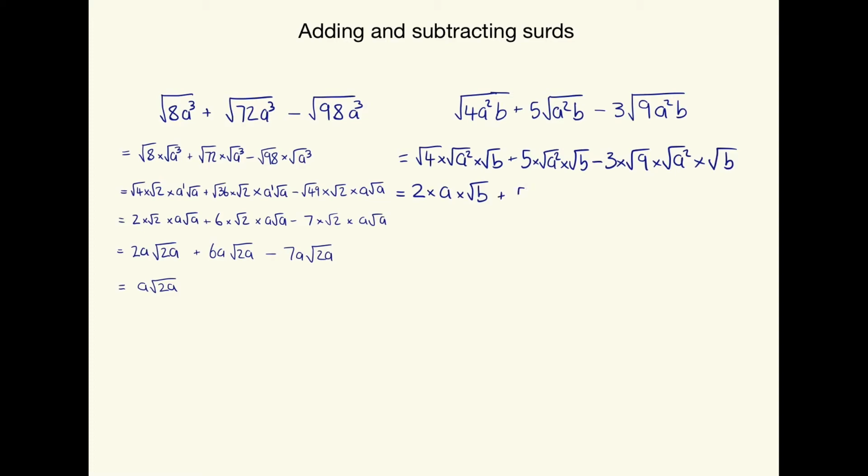Plus 5, now root a squared is going to be a again, times root b, minus 3 times, now root 9 is also going to be 3, times, now root a squared is going to be a, and times root b.